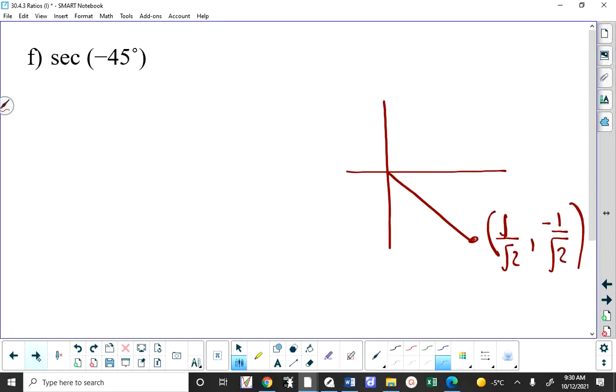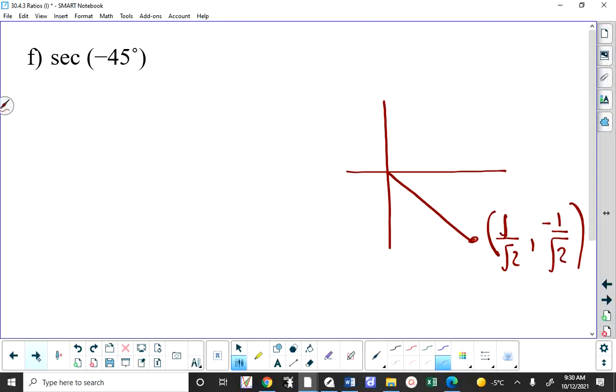I did it because I'm asked for secant, which is a reciprocal of one of those numbers. And if I reciprocate root 2 over 2, I get 2 over root 2, which is right. But if I reciprocate 1 over root 2, I get root 2, which is simpler. It's nicer on the eyes.